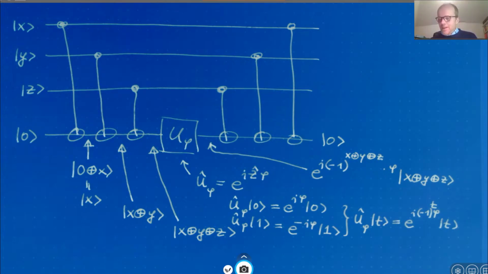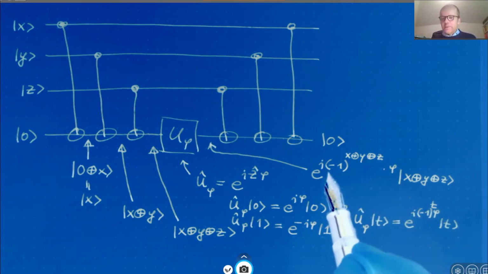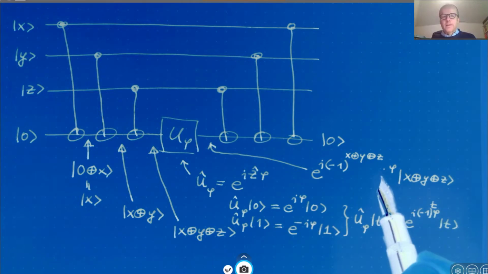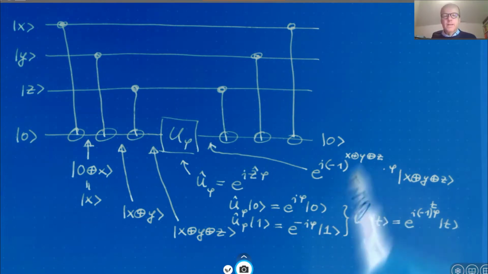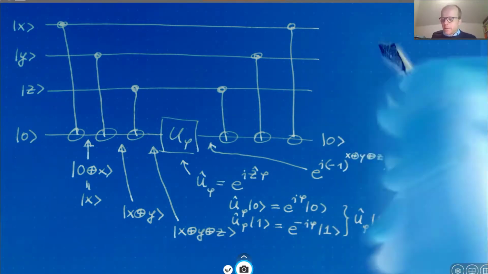The only thing that happened is that overall we have acquired a phase factor e to the plus or minus I phi, where the plus or minus depends on this sum x plus y plus z.